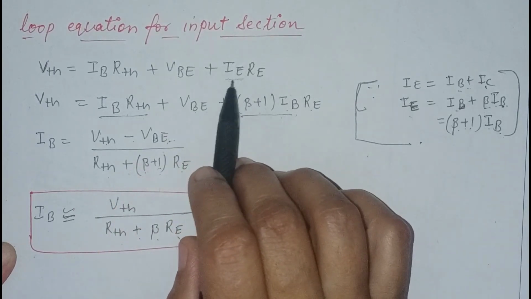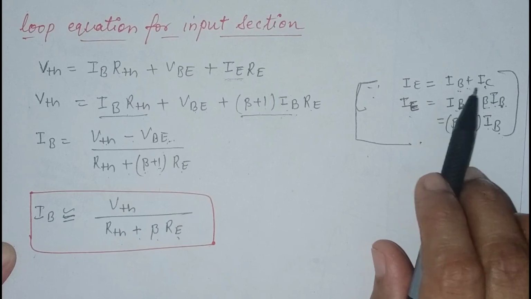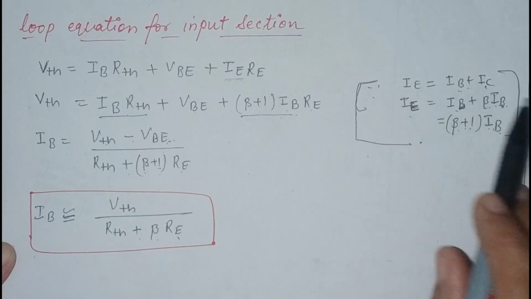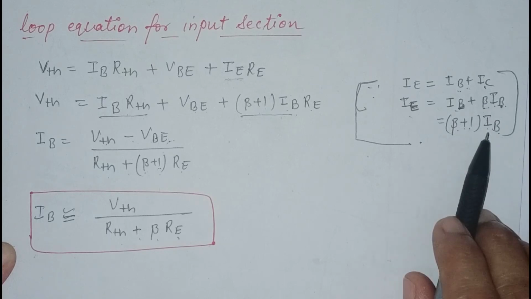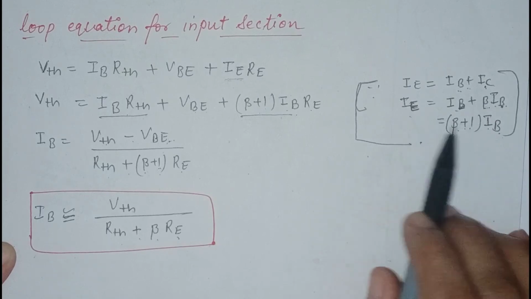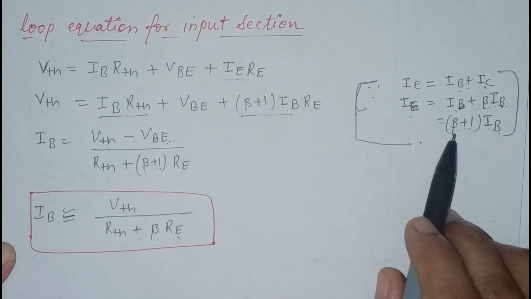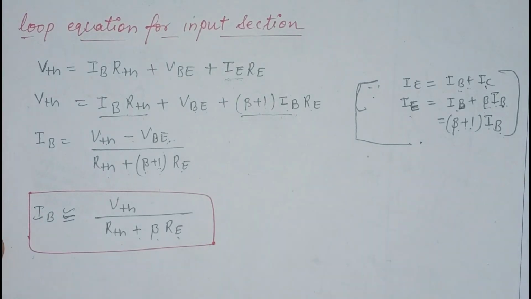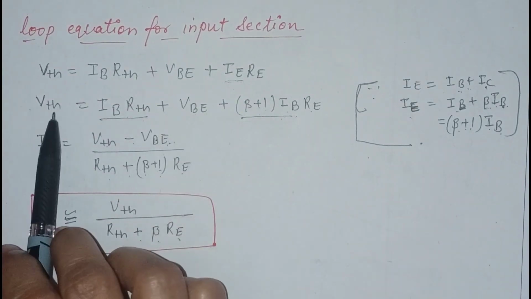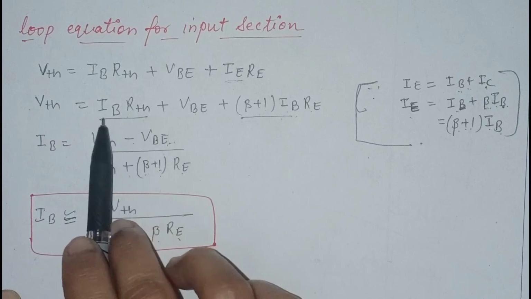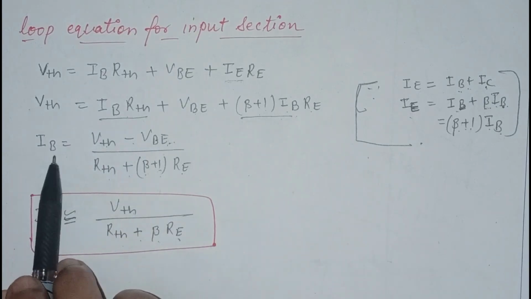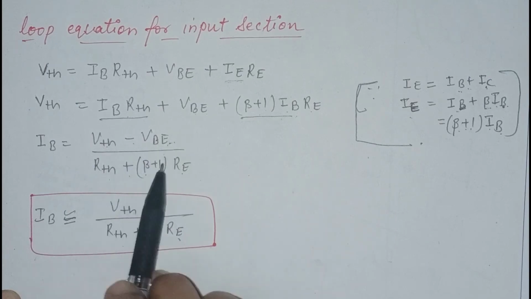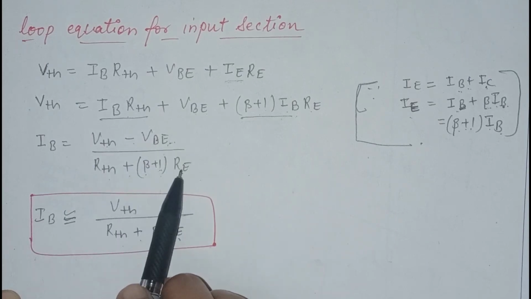Now as we know, IE equals IB plus IC, and IC is also equal to beta into IB. Now we will take IB common, and we will put in place of this IE, beta plus 1 IB. Now we will take this term to this side, and from these terms we take IB common, and we get the equation for IB equals VTH minus VBE upon RTH plus beta plus 1 RE.